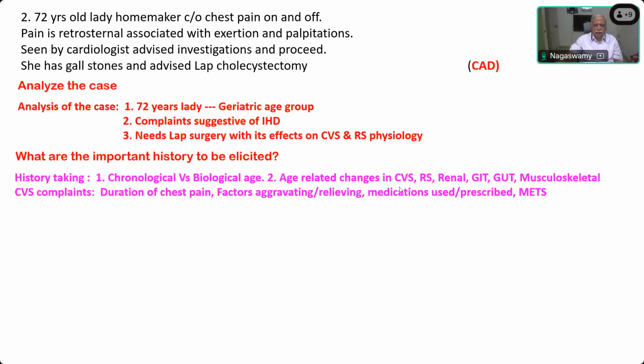Then age-related changes in CVS, RS, renal, GIT, gut, musculoskeletal, all this too has to be elicited. And with regard to CVS complaint, where you suspect there is an IHD, duration of chest pain, factors aggravating and relieving, medications used and prescribed, and because here it says she has been seen by a cardiologist, some medications could have been given, and what is the effort tolerance.